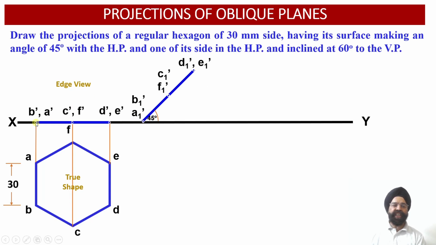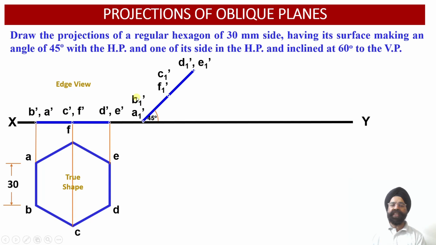So we can check these 3 points we have marked over here. The distances between B dash A dash and C dash F dash we will be marking alongside this particular orientation of the line inclined at an angle of 45 degrees. Similarly, the distance between C dash F dash and D dash E dash will also be maintained into this reoriented or inclined edge view projections which are being obtained in the front view.